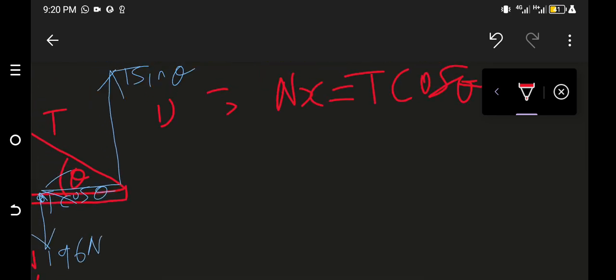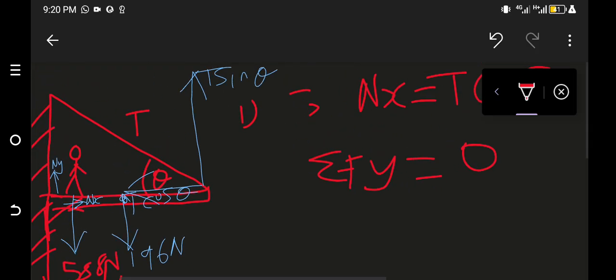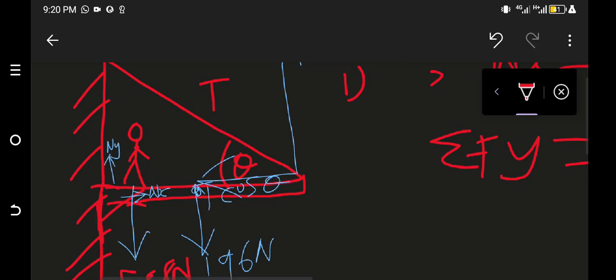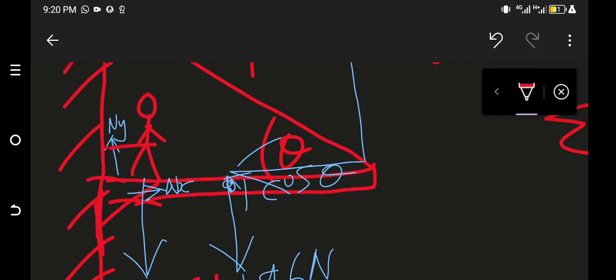Now we have to go to our second law, which was the sum of the forces in the y direction should be equal to 0. Which forces are acting in the y direction? Our first force is Ny.